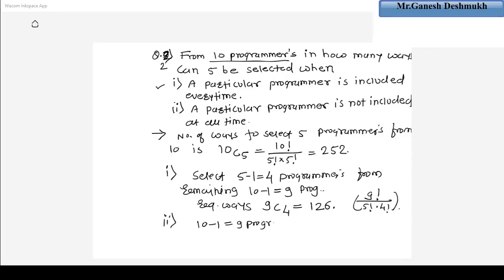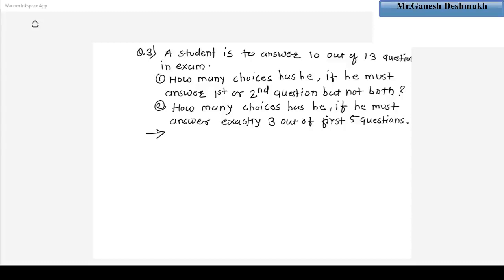The required ways is 9C5. This becomes 9 factorial divided by (9 minus 5) factorial into 5 factorial. Again you will get the answer as 126.